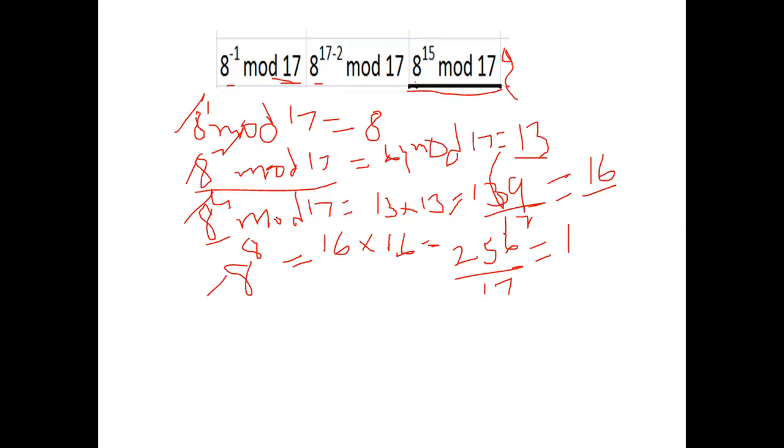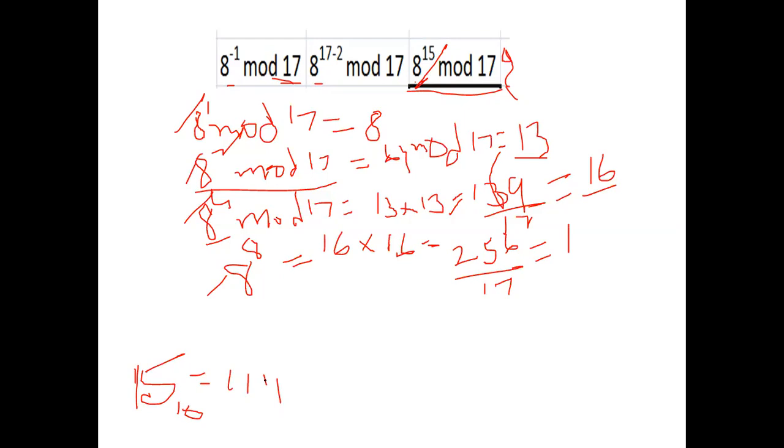Now we actually need 8 power 15 mod 17. To get this result, we have to calculate the binary equivalent of 15. Its binary equivalent is 4 ones.